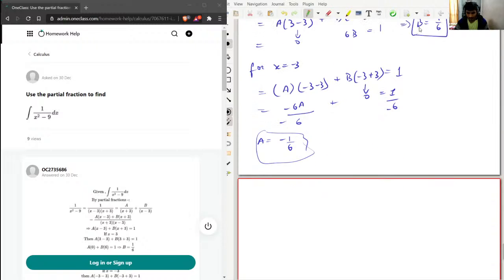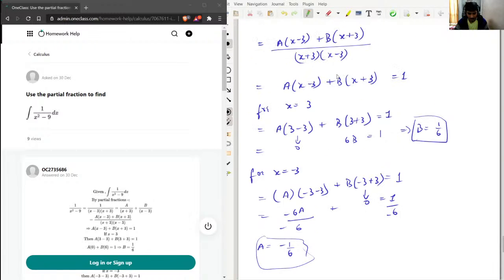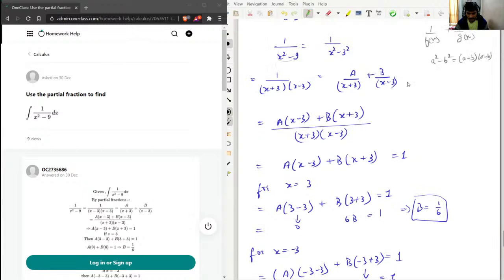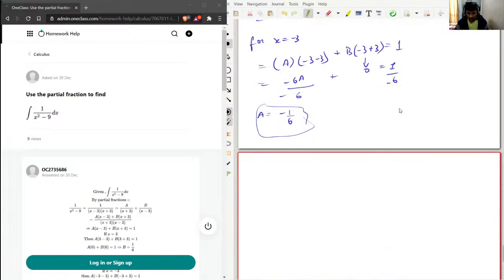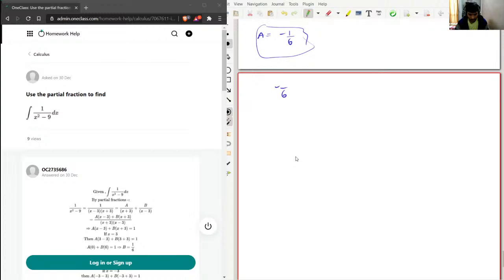Now I'll substitute the value of a and b back in this one. So minus 1 over 6 times 1 over x plus 3.